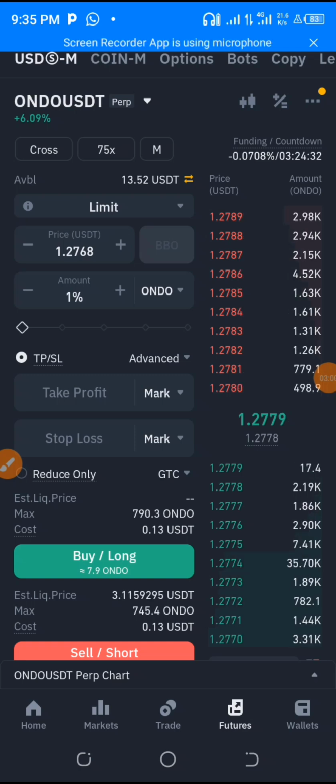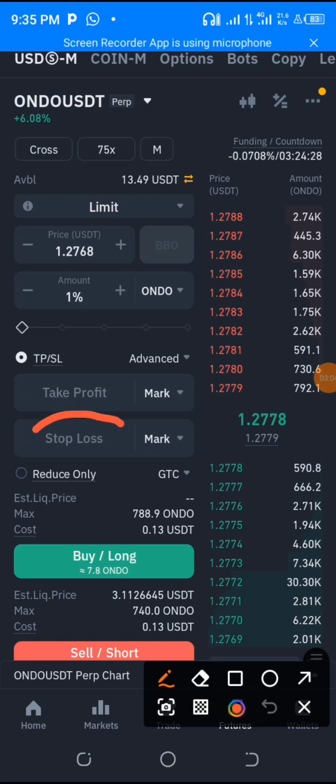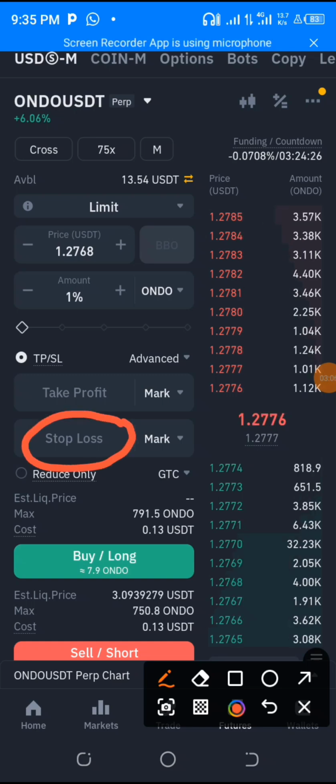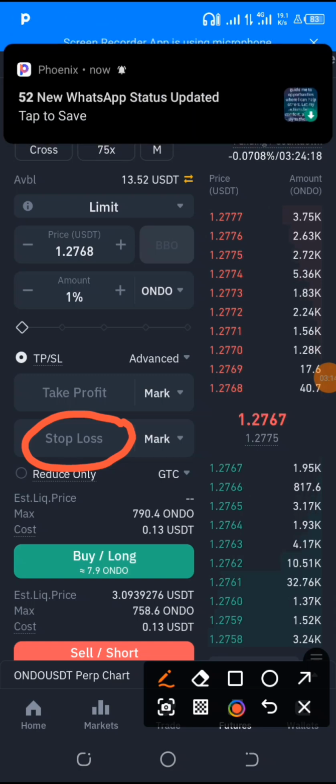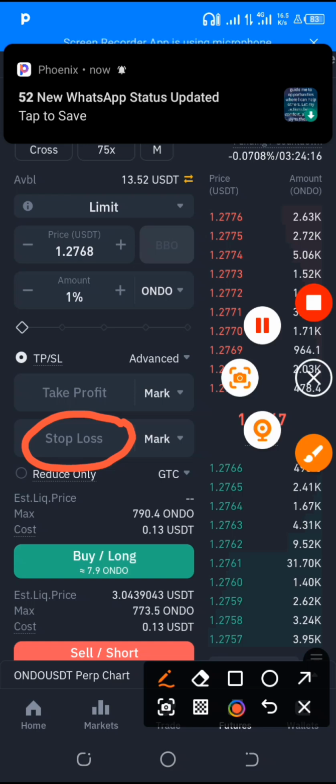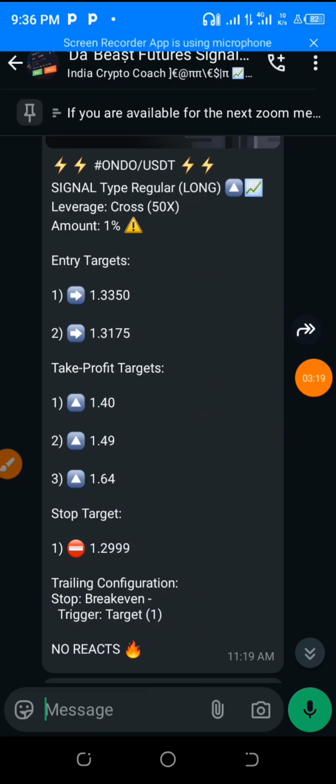So now the next very important point to take into consideration is the stop order, or the stop loss. You need to go back to the signal and look at the figure of the stop order or the stop loss. Okay, so our stop target here is 1.299.